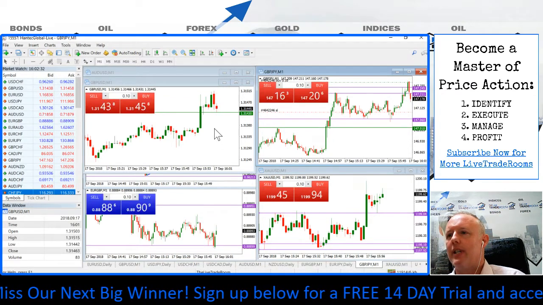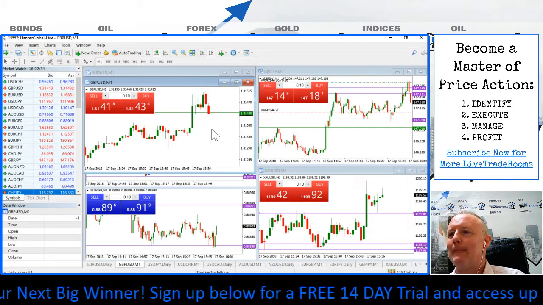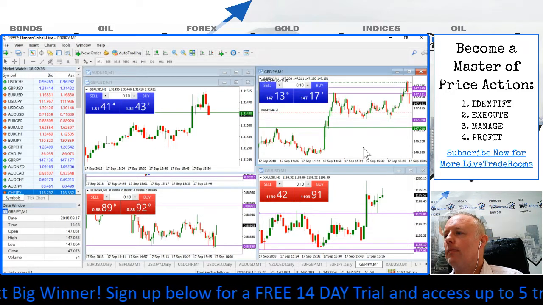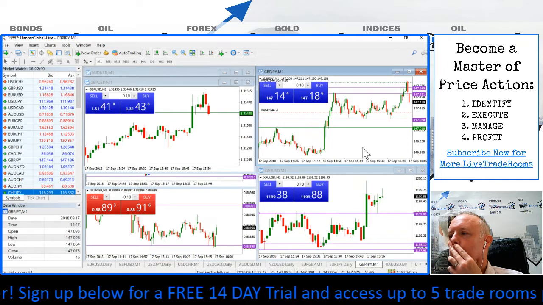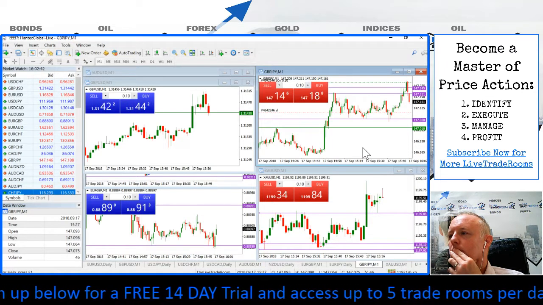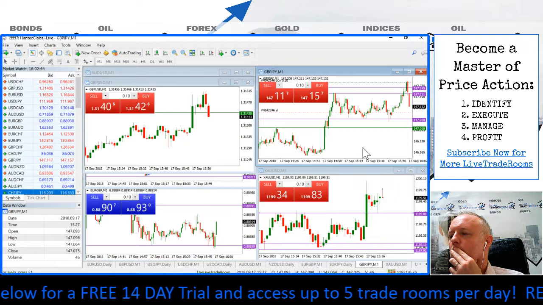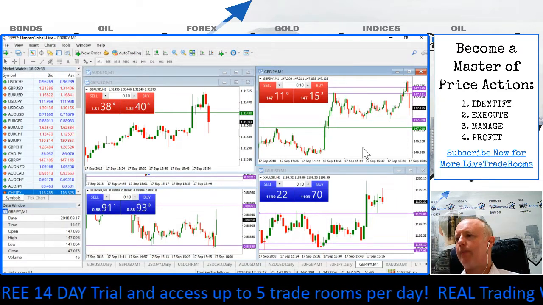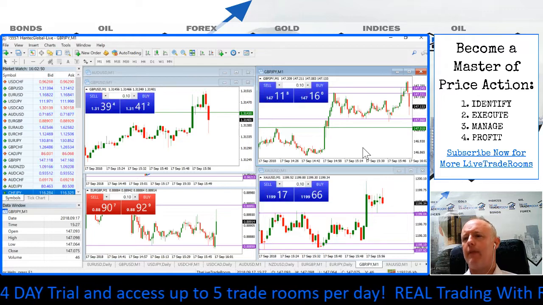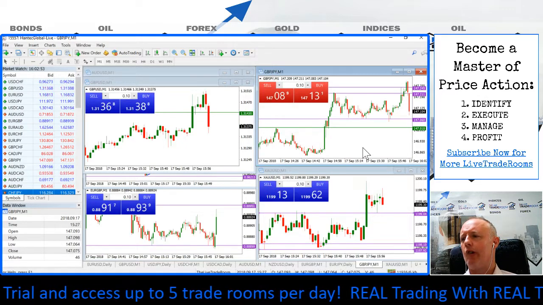We're currently experiencing a bit of a pullback. Right, okay, so as you can see, some very choppy price action.